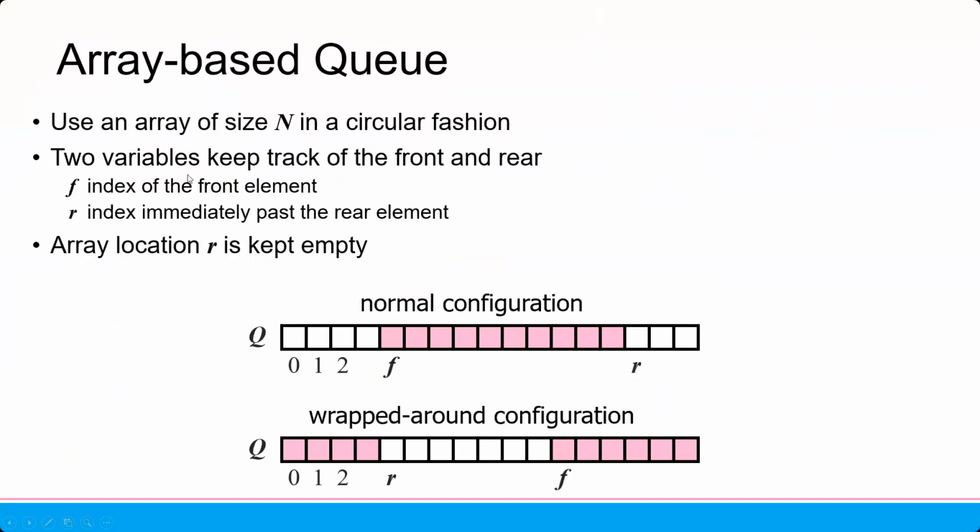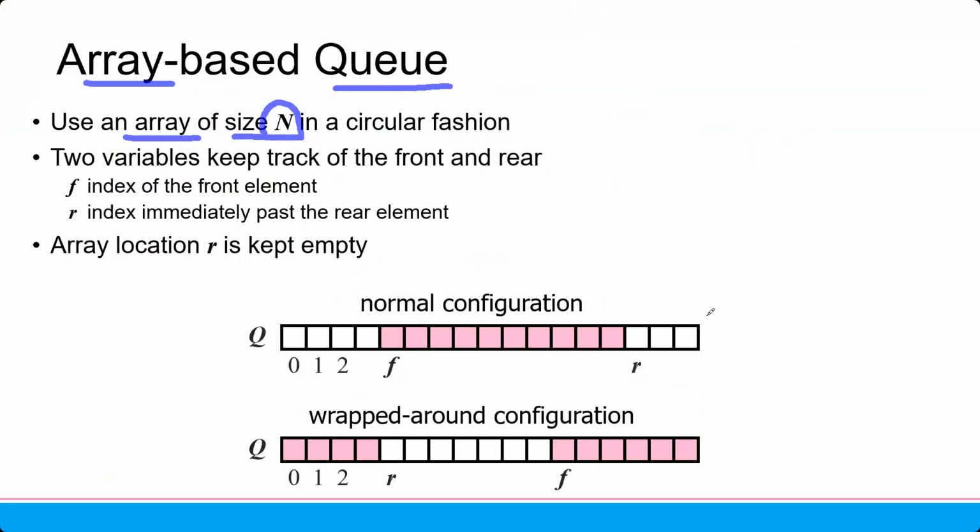So we learn how to apply queue with array. Array means it is a data structure and we have a size. The size usually is already determined, already fixed.